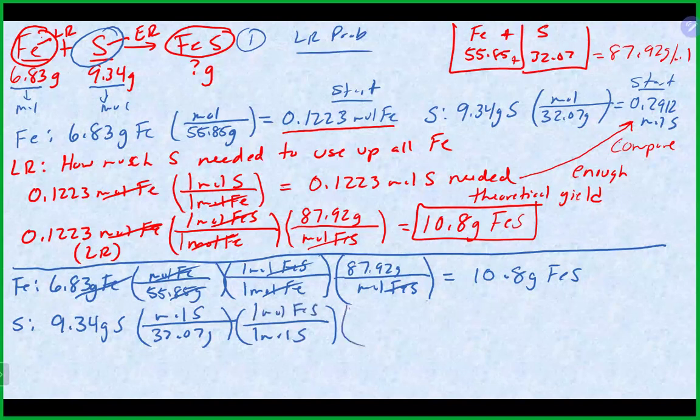And you would use the molar mass here, 87.92 grams per mole. That would get you 9.34 times 87.92 divided by 32.07, which is 25.6 grams of our product. So this is what I was talking about. You would do two separate calculations, starting with the starting amount of each reactant.